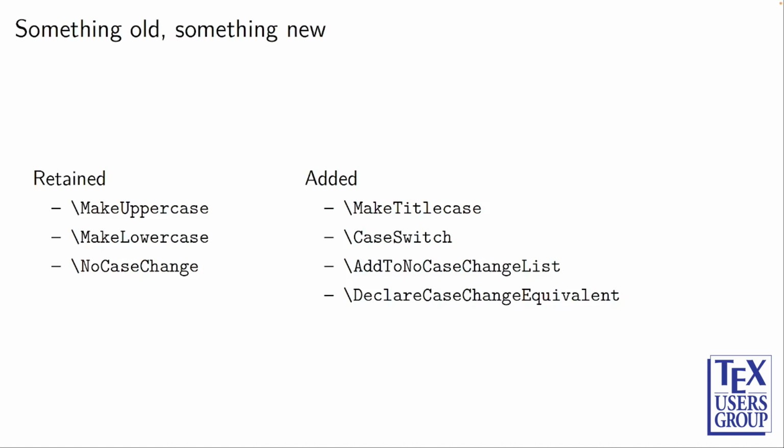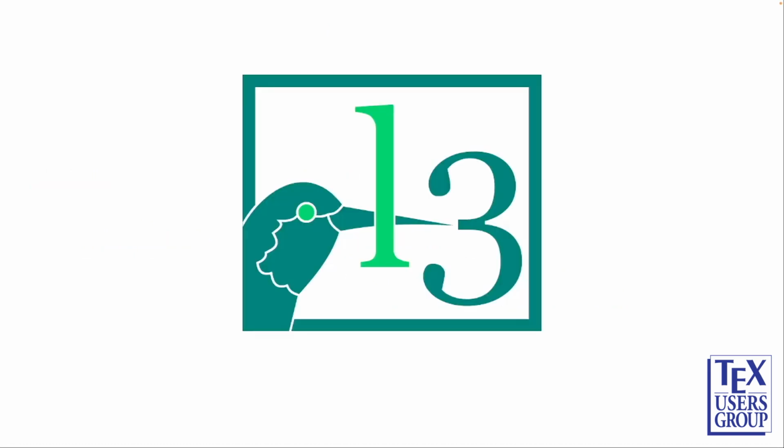Those 3, case switch, add to no case change list, and declare case change equivalent, can build up to provide some sophisticated modification of what's happening. What I'd like to show you there is really that Expl3 is delivering in the LaTeX 2e context. We've taken some code we've developed as Expl3 code, we've brought it into LaTeX 2e, and we're using Expl3 to deliver those.